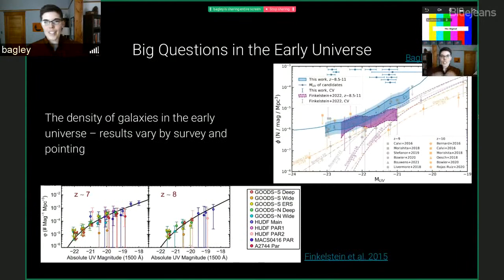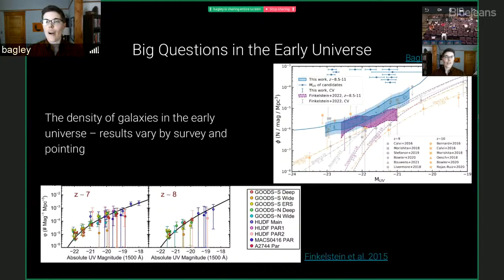Looking at the density of galaxies that we're measuring, I'm showing here two luminosity functions. In the upper right, focusing on the bright end of the luminosity function, using shallow HST pure parallel observations, and then focusing more on the fainter end, in the lower left, luminosity functions from Finkelstein et al. 2015.